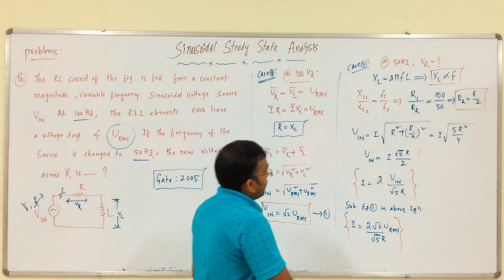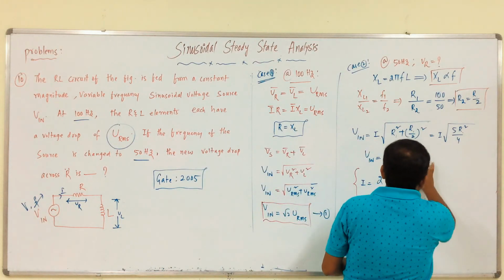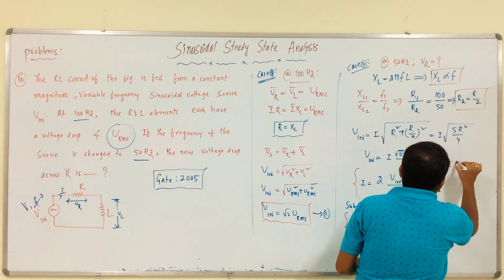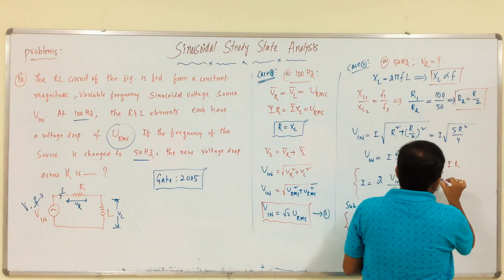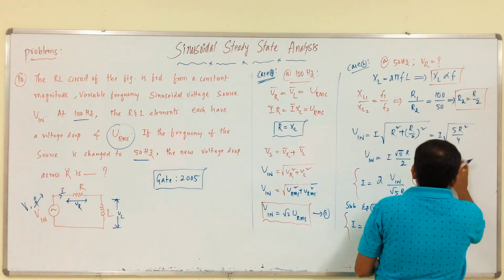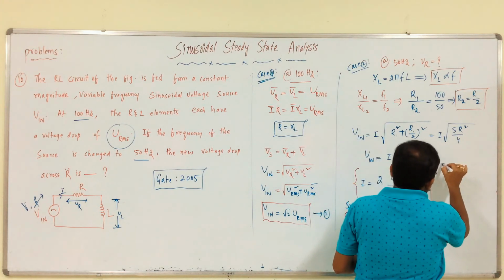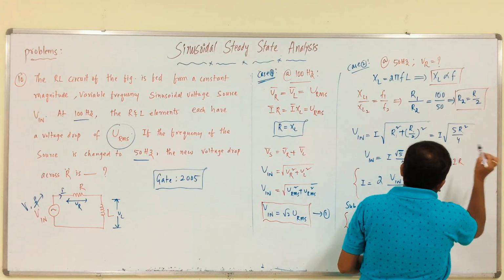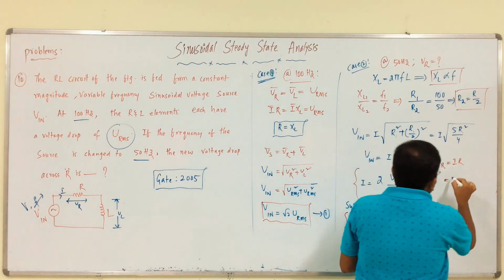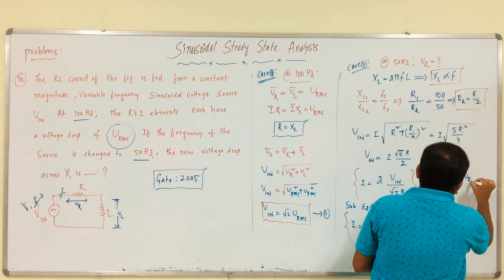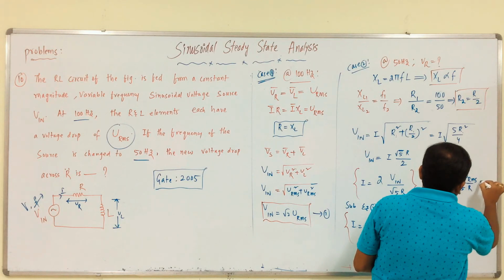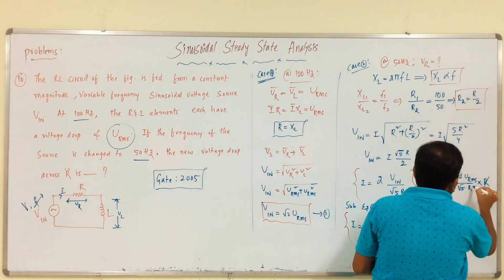Then from this, VR is nothing but I into R. So I is 2 root 2 URMS by root 5 R, multiplied by R. R gets cancelled.